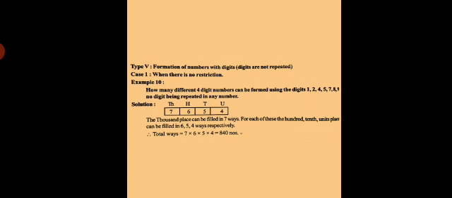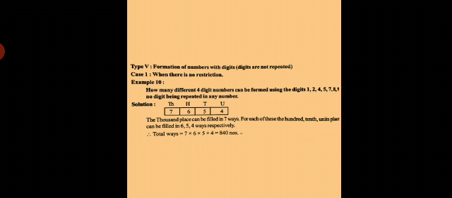The places are units, tens, hundreds, and thousands. We start from the beginning, and any one digit among these 7 can be written in the thousands place. Then one digit has already been used, so one digit becomes less from the group of 7.